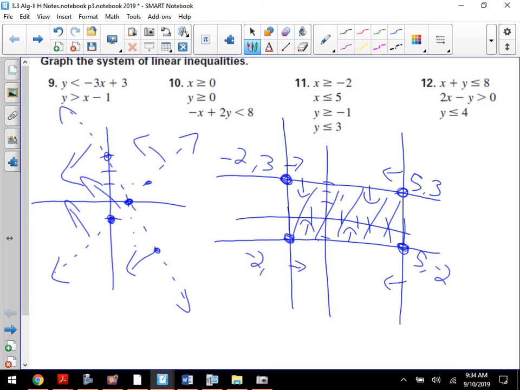This one is at negative 2 and negative 1. Sorry, it's negative 1. Obviously, I wasn't asking that you worry about getting your ordered pairs, but when you're dealing with horizontal and verticals, they're really easy to see. Then the last one we have, what is it, x plus y.